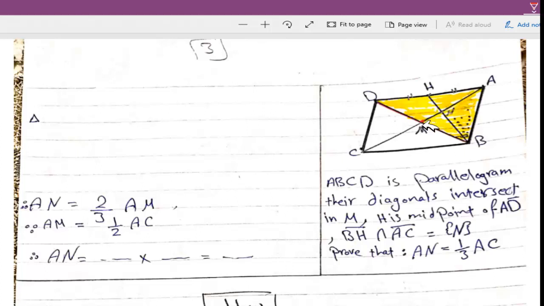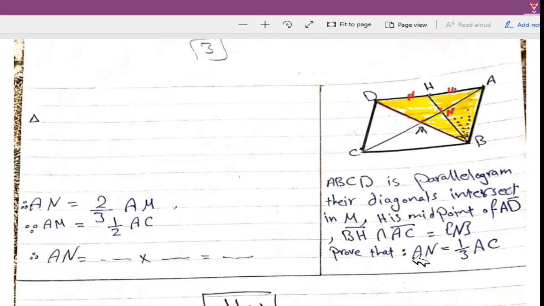Okay, H is the midpoint of AD, so AH equals HD. This part equals this part. BH intersect AC at N. This point is N.